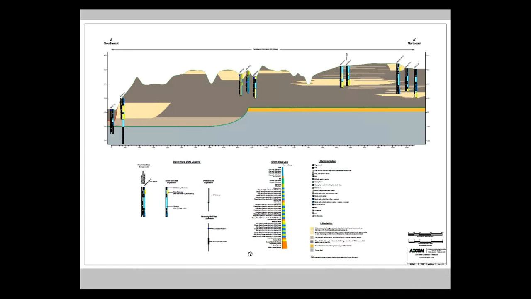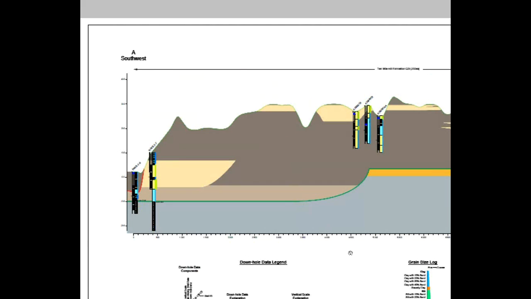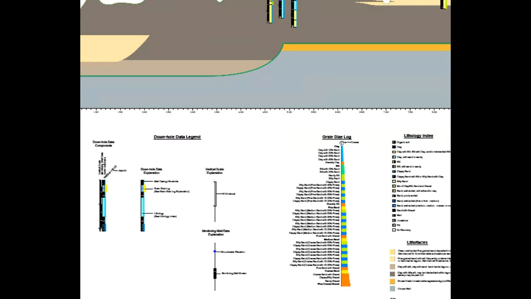This is a cross section. Here's our litho-facies. I'll zoom in on this. These are grain size logs. So we go through the logs and assign a numeric code to the grain sizes, and they're shown here.